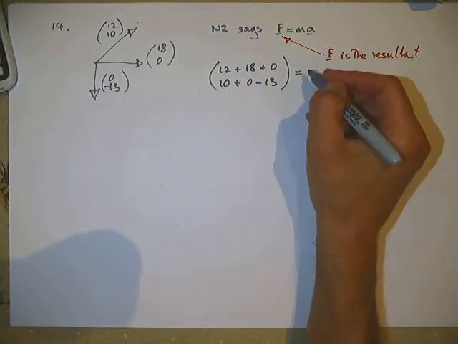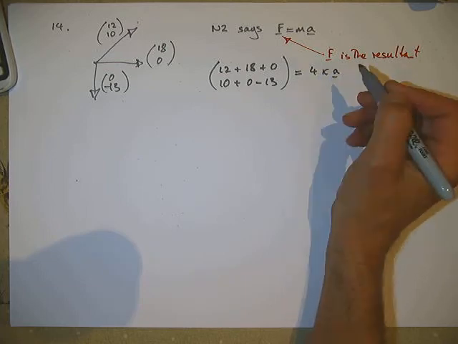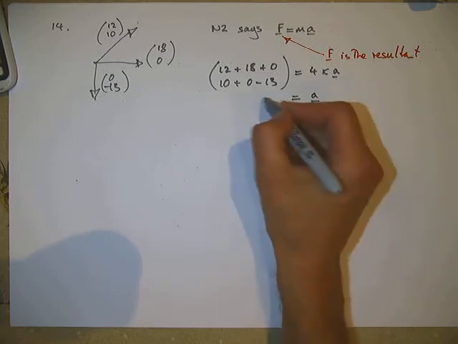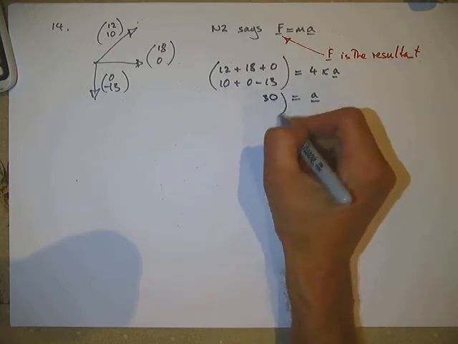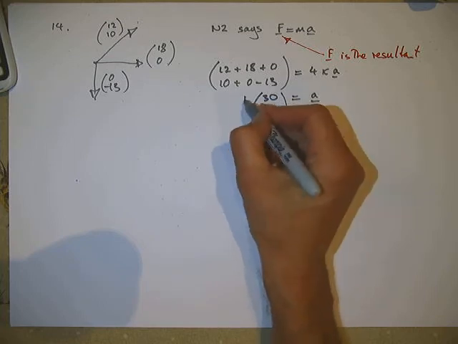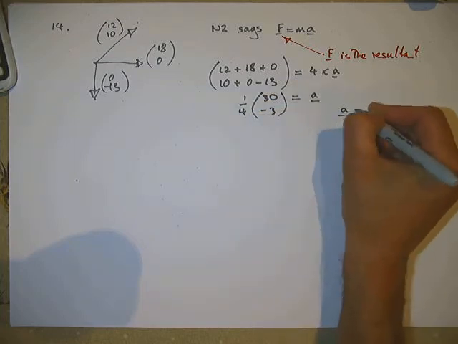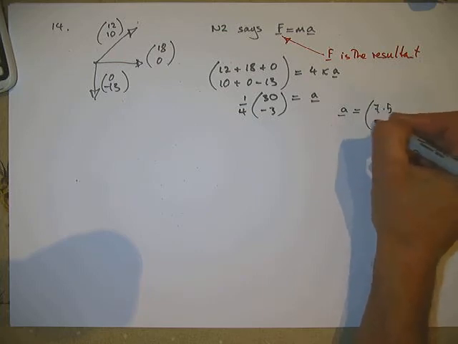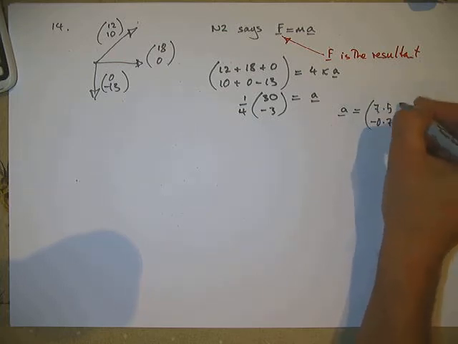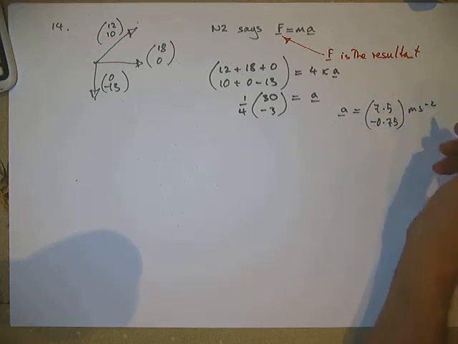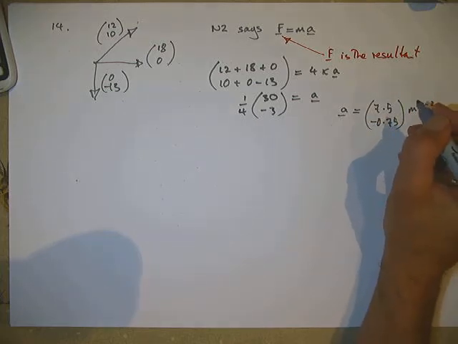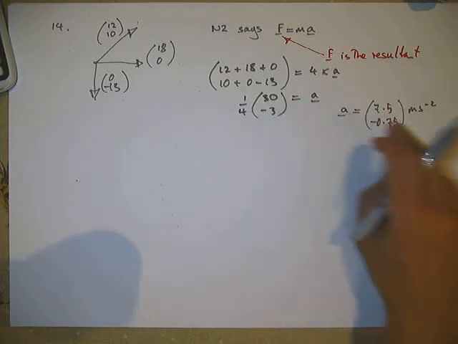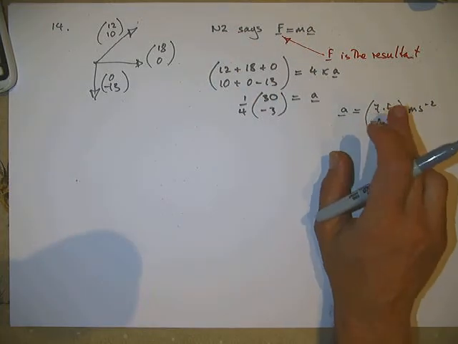Is the mass 4 times A. Don't know A, so A is 30 minus 3 divided by 4, which I reckon is 7.5 minus 0.75 meters per second squared. Vector form or magnitude? No, leave it like that. If you want to work in IJ notation, absolutely fine. It's exactly the same thing.